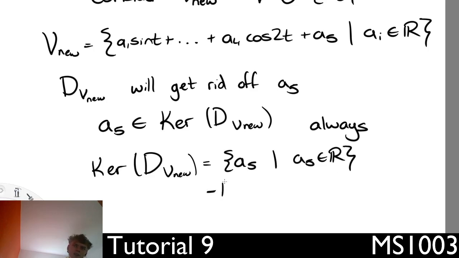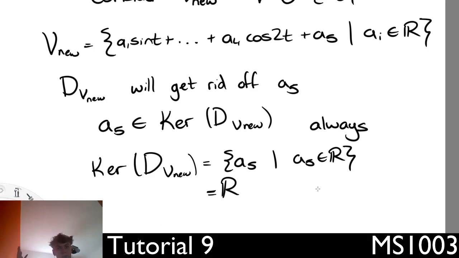And so the kernel is actually just going to be 1D real space. And that means that my kernel is not 0, which means my map can't be injective, which means that I can't make an inverse.